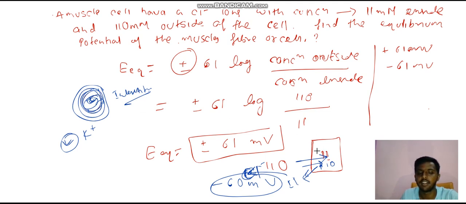Like that, in the question, 11 millimolar concentration is inside. So to be in equilibrium, it has to move inside from the higher outside concentration. So that's why, as the chloride ion is there, negative concentration increases inside, that's why it is negative.